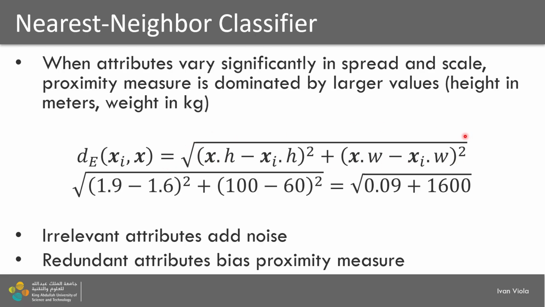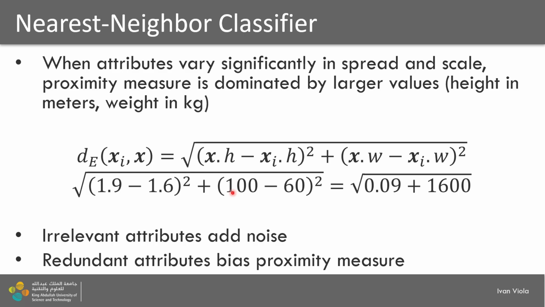And if we perform it on our attributes of height and weight, as I discussed, here are similar numbers. Here we have 1.9 minus 1.6. This will be 0.3. And here we have 100 minus 60. This is 40. So 0.3 powered by 2 is 0.09.